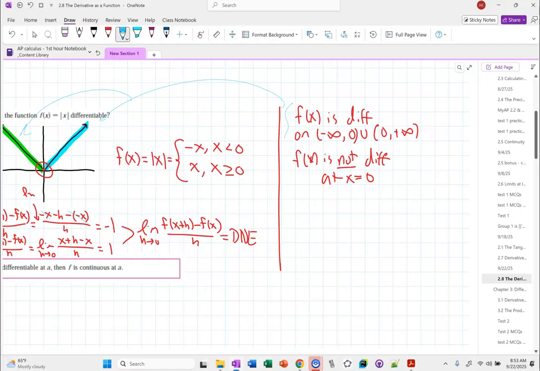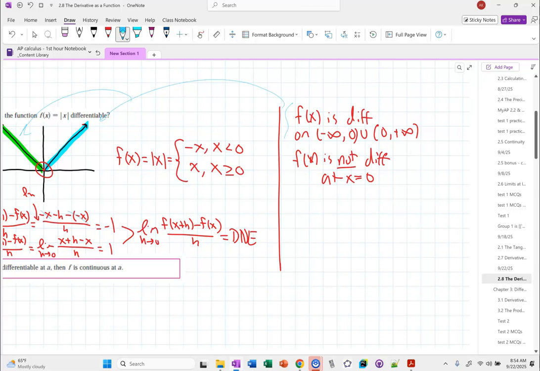Now to do that rigorously, you would do the limit as h approaches 0 of f of a plus h minus f of a over h, and you just say, well, for a between negative infinity and 0, that is just negative 1.